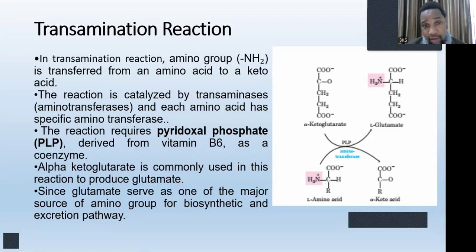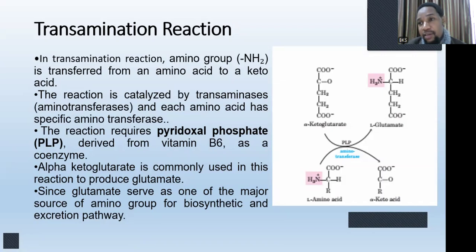Somebody may ask, why glutamate? It is simply because glutamate is one of the major sources of ammonium or nitrogen in biosynthetic pathways, or even in the excretion of nitrogen. So when nitrogen needs to be excreted, glutamate serves as the source of this nitrogen.